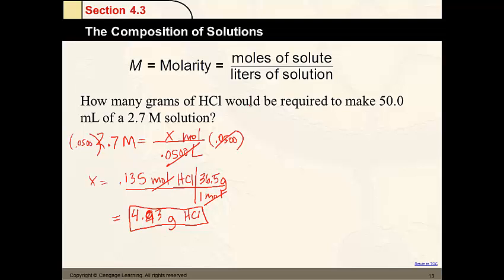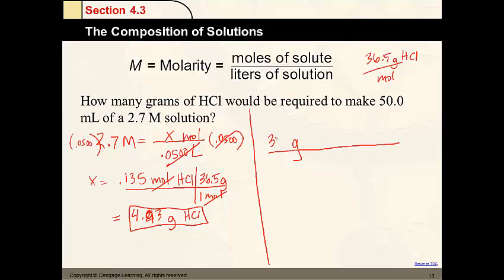You can also do it in a way that's a little bit more dimensional analysis based. If we know that we want to find the number of grams, and we know that it's 36.5 grams per mole of HCl, we can start off with grams in the numerator and do dimensional analysis. Now I've got to get rid of moles, and I'm going to multiply by the molarity, and remember that capital M is really moles per liter.